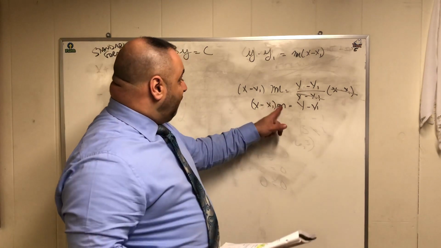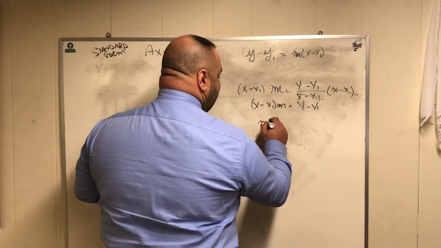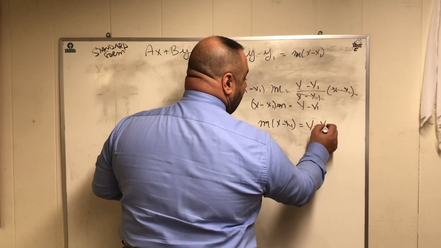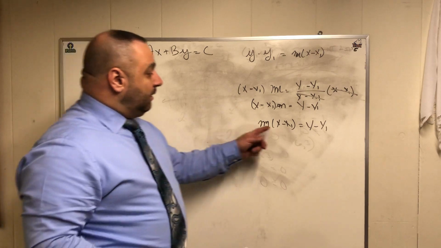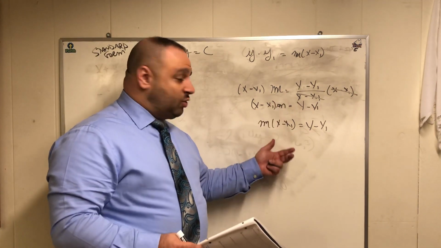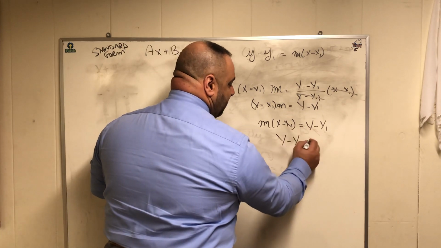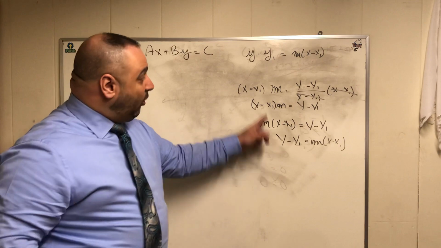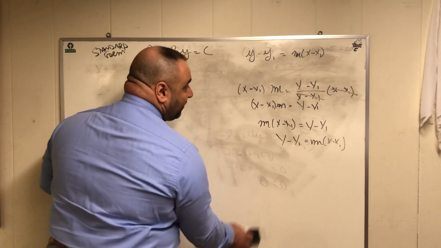I can rearrange this equation to look just like this and simply go y minus y1 equals m times x minus x1. Either form is okay. So that's how we come up with that equation.